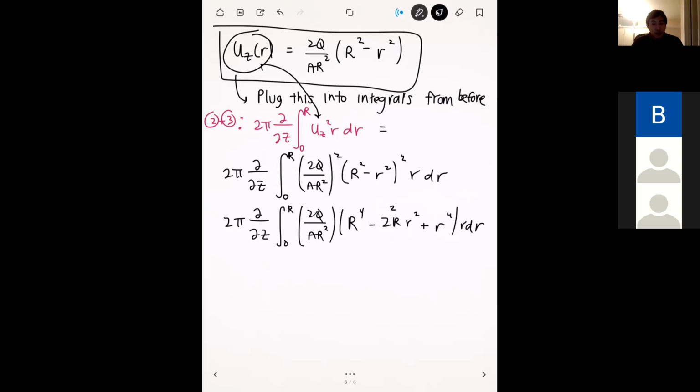From here, we can evaluate this integral because it's just a simple polynomial in r, knowing that this is a constant, so we can pull it out of the integral.